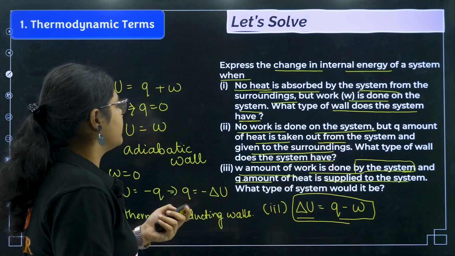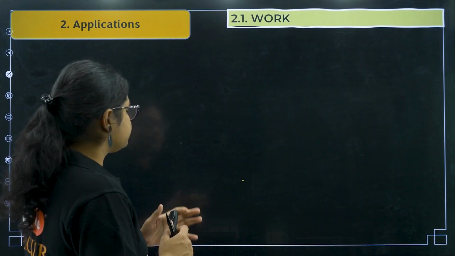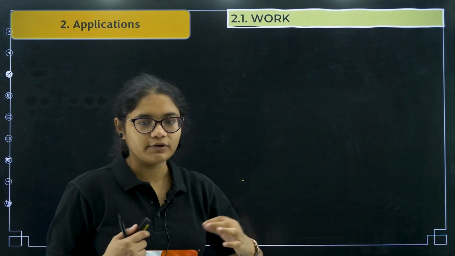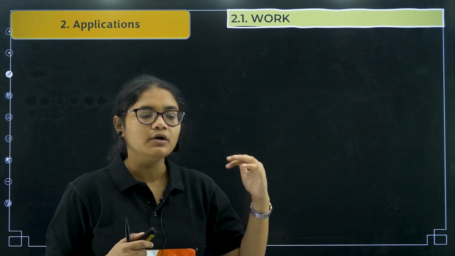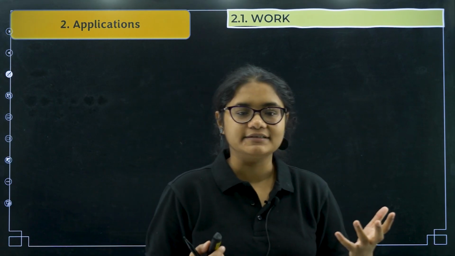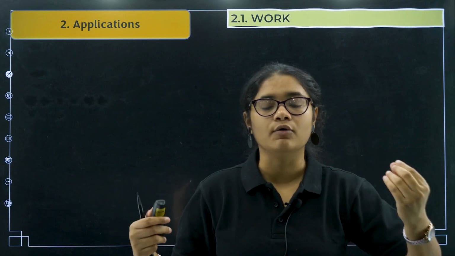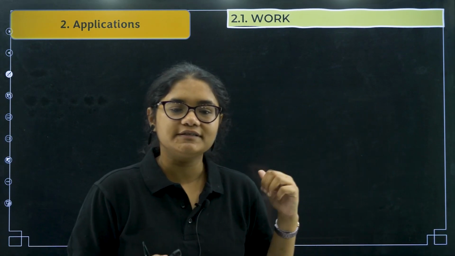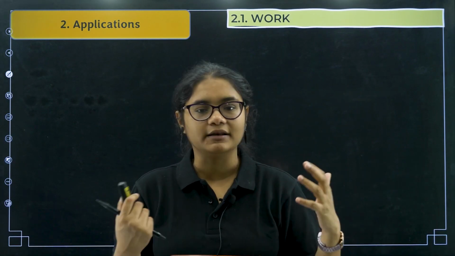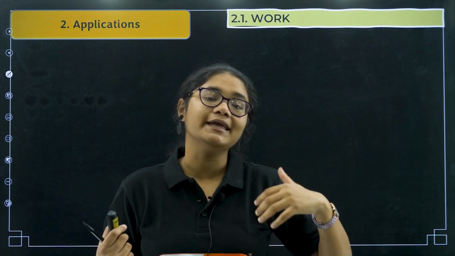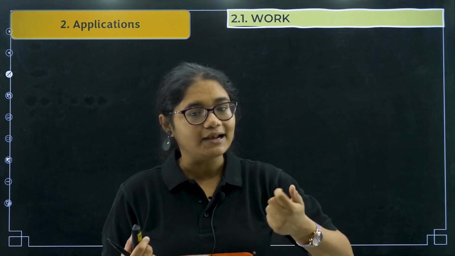Okay, fine. Now let us go to the next thing, applications. Whatever these chemical reactions are happening, where can we apply them and how can we apply them? So first thing is work. When chemical reactions are happening, many gases are produced, right, and heat is evolved.